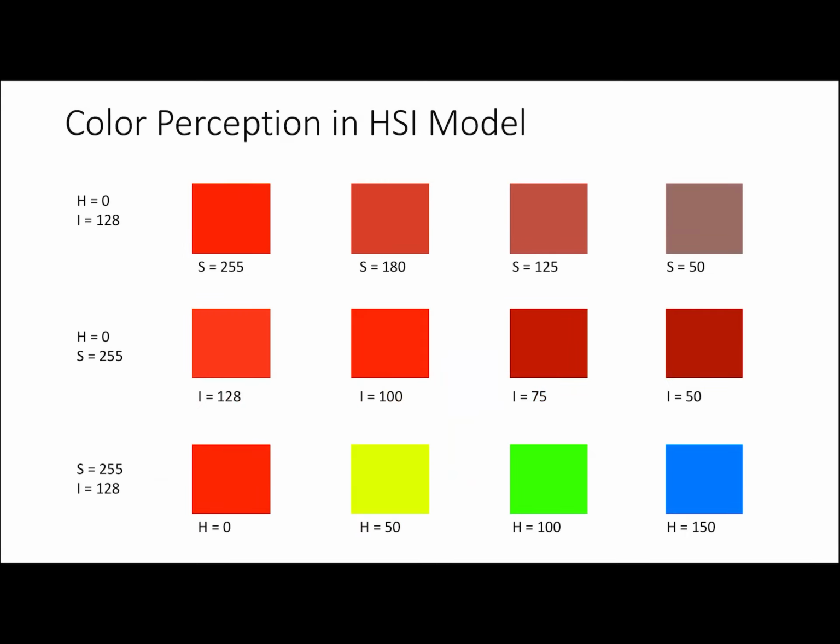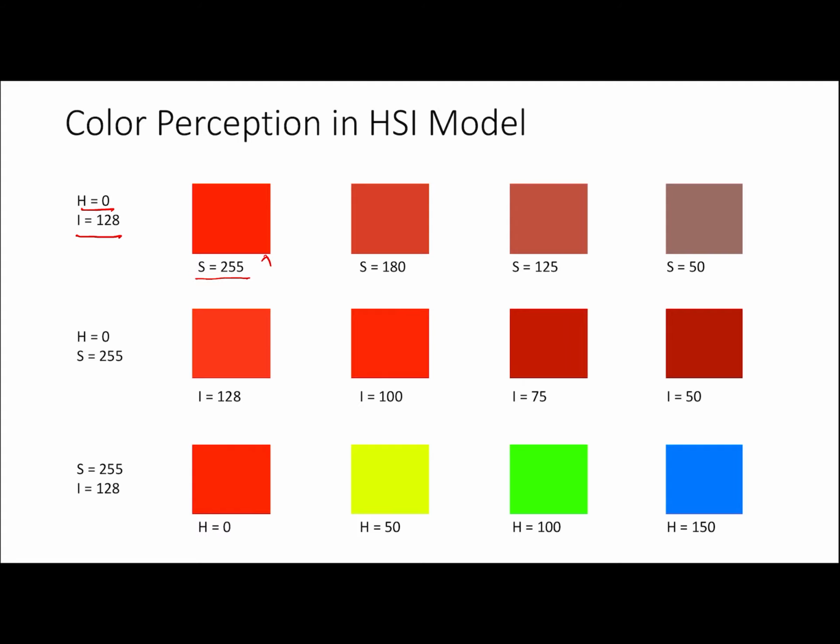Now this is the diagram in which we have shown the effects of different components H, S and I on the colors. In the first row, hue is equal to 0 and intensity is equal to 128, and in the first rectangle saturation is equal to 255.